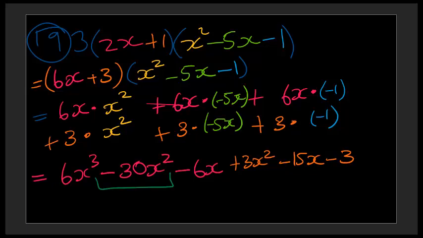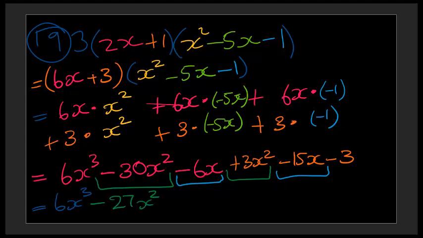So I've got x squared and x squared over there, and I've got x to the power of 1 and x to the power of 1 over there. So my answer becomes 6x cubed minus 30 plus 3 becomes minus 27x squared, minus 6 minus 15, so that becomes minus 21x, and minus 3.